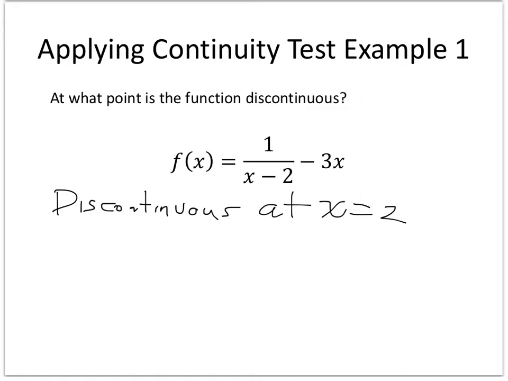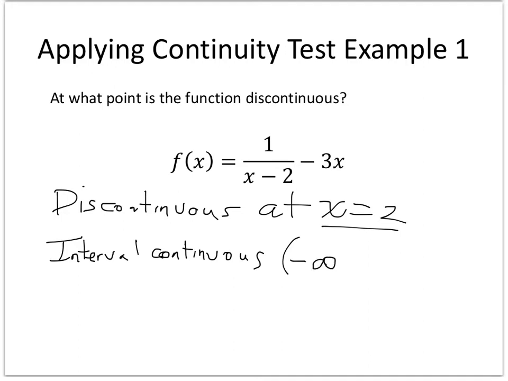Now, in my math lab, they may ask you this first, and then they ask you to give the interval in which it's continuous. That would simply be negative infinity to 2, union 2 to infinity. And you will see this little union symbol on the toolbar over there on the left. So this is how it would want you to answer a question like that.